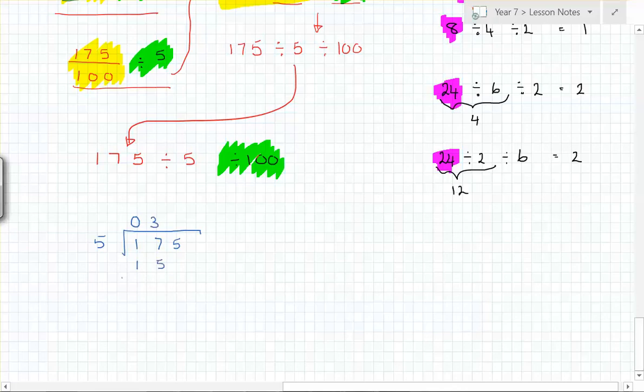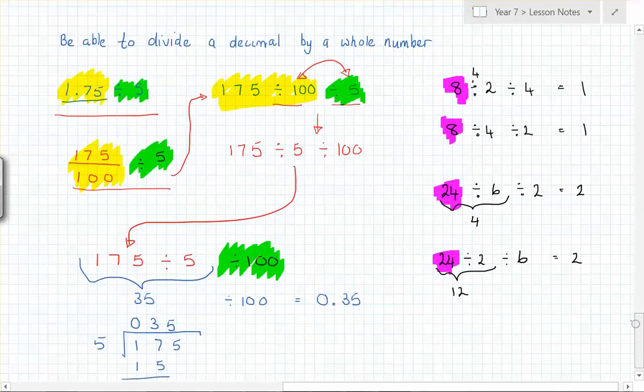Makes 15. Remainder 2. Bring the 5 down. 5's into 25, 5. So the answer is 35. Then 35 divided by 100 is 0.35. So the answer to this one is 0.35.